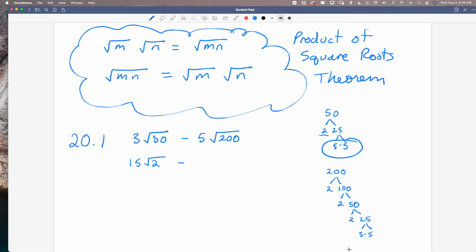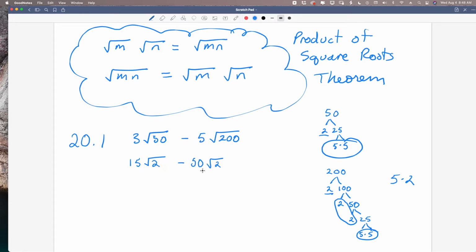All right, so we have a pair of 5s, and we have a pair of 2s, right? And we're left with a single 2 behind. So 5 times 2 is 10. So 10 times 5, our constant here, is 50 times the square root of 2 is what we have left.